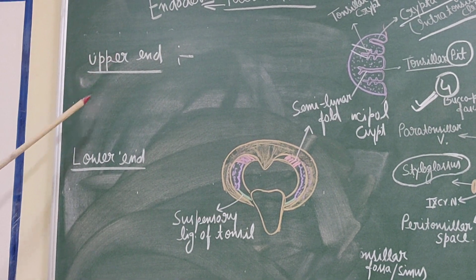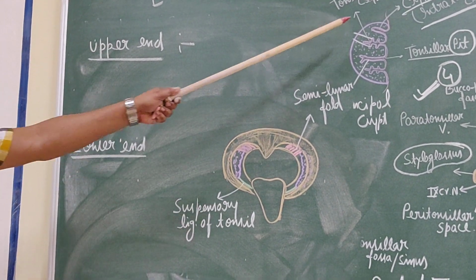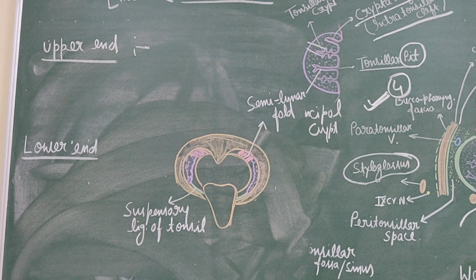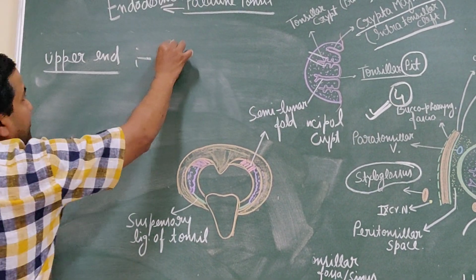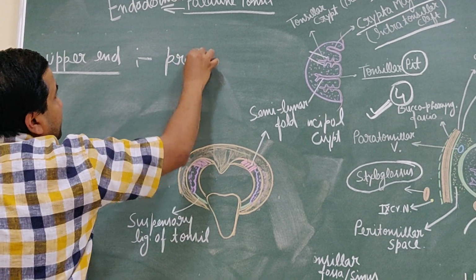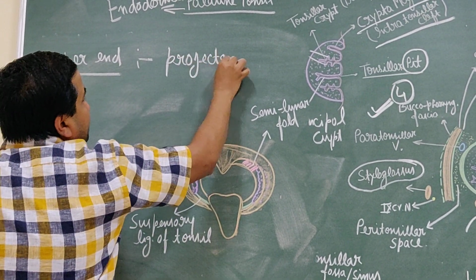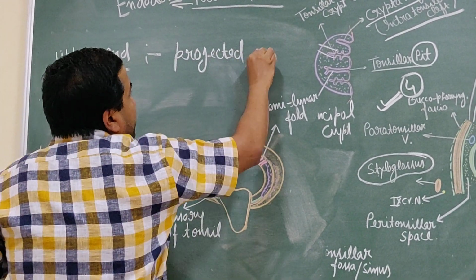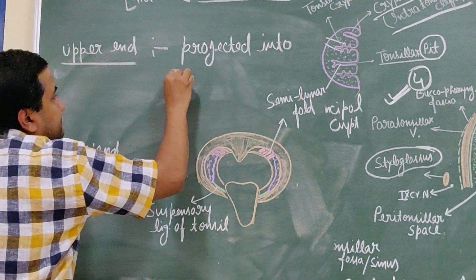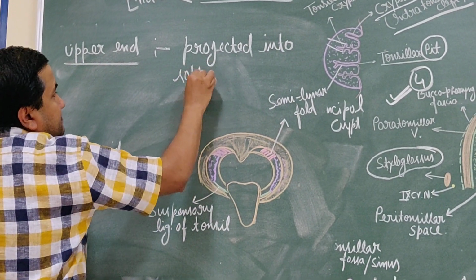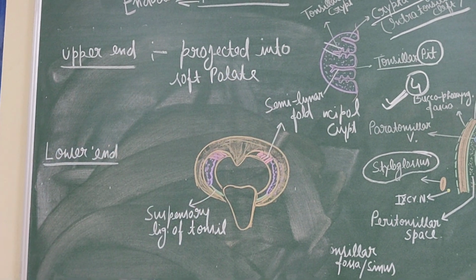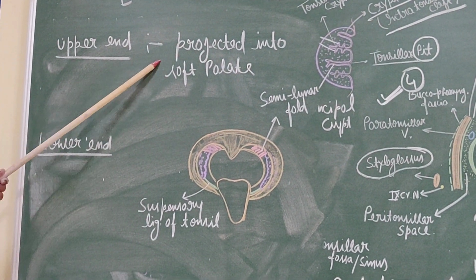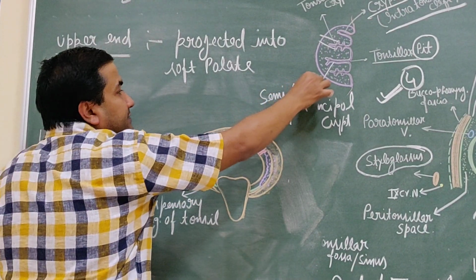Now the upper end and the lower end. This upper end of the tonsil is projected into the soft palate. And there is a semilunar fold.